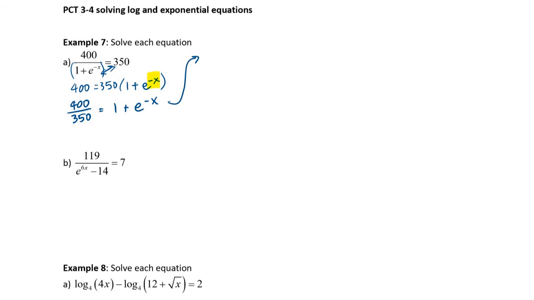As I continue solving, I'm going to isolate by subtracting 1. So I have 400 over 350 minus 1 equals e to the negative x. In order to get my x out of the exponent, I'm now going to take the natural log of both sides.